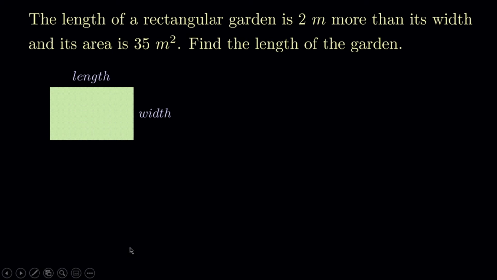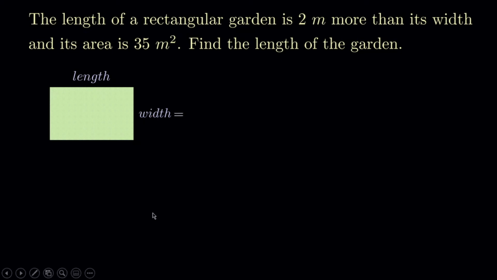Okay? Now, how do we represent the width and the length? Sabi dito, the length of a rectangular garden is 2 meters more than its width. Okay? Mas malaki daw ng 2 meter yung length sa width. So, ikino-compare yung measure ng length sa width. Kaya yung width ang una nating i-represent by a variable. Okay?